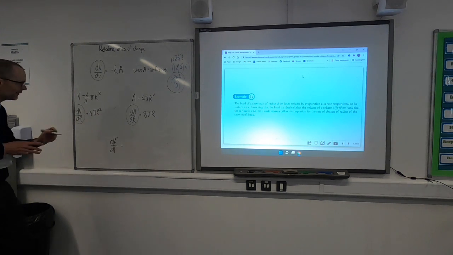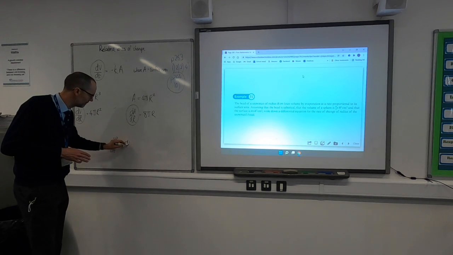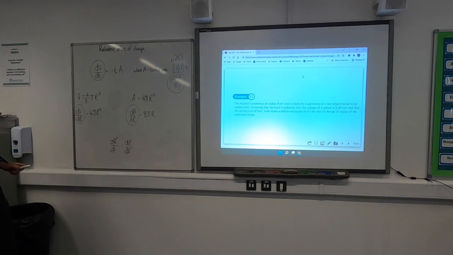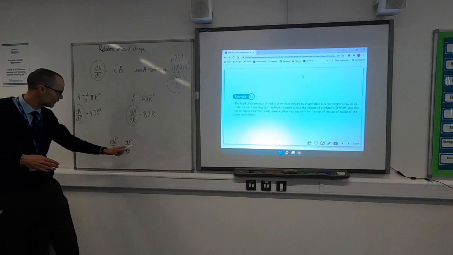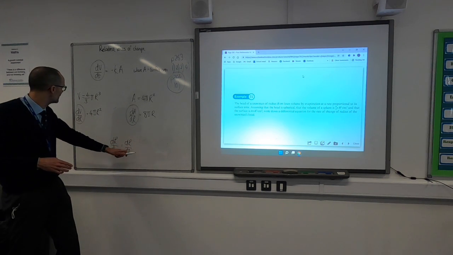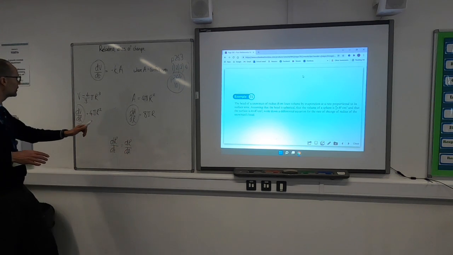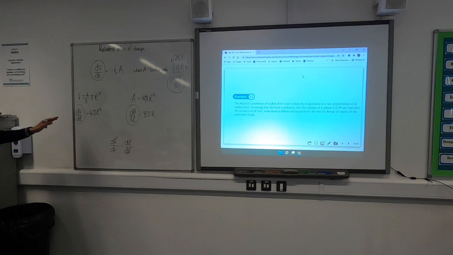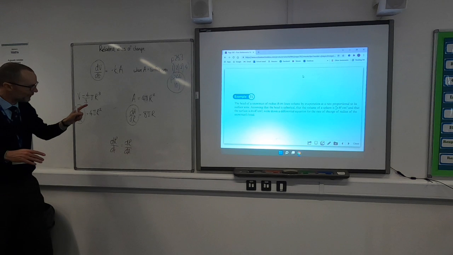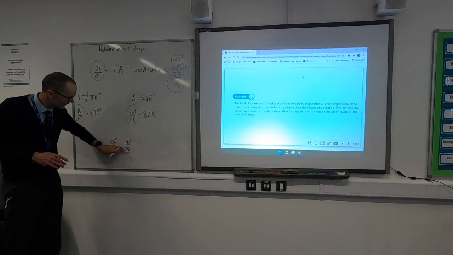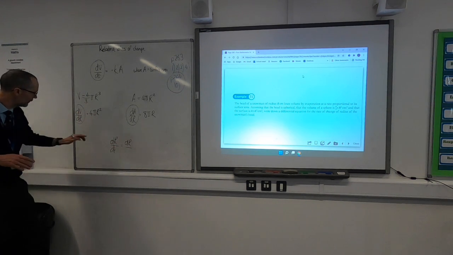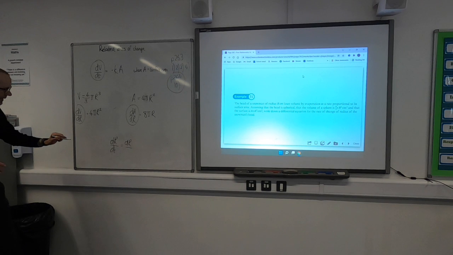If I flip dA by dr, I'd need something that had a dt on the bottom and a dA on the top, dA by dt. Now I haven't got a dA by dt, and I couldn't build it from these things because they haven't got a dA in them. So if you had a go with it by flipping that, that would have failed. Let's try flipping this one instead.